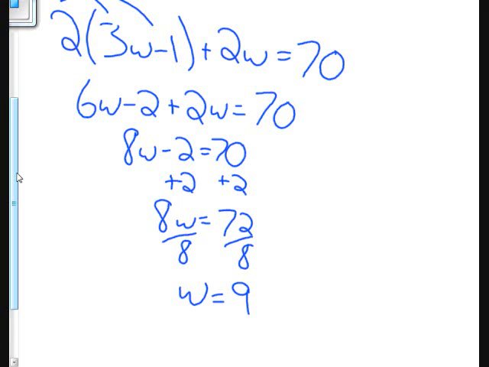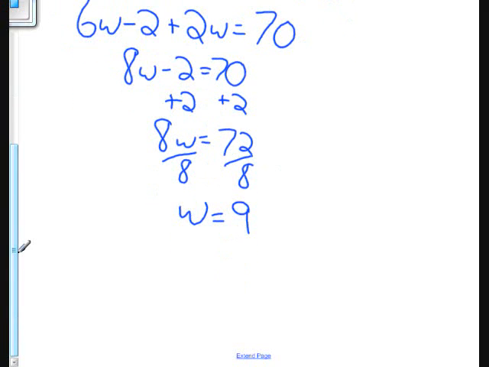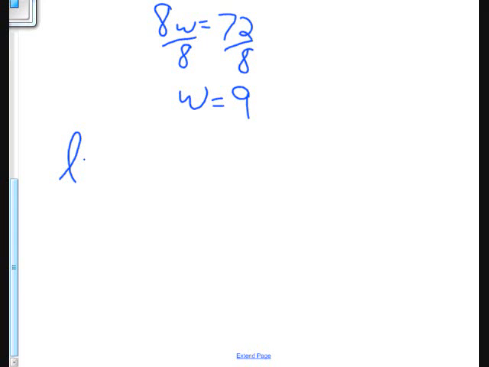And now how do I find my length? Put it back in the other equation again. So I have length 3W minus 1, the 9 in there.